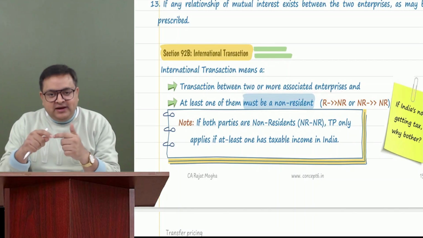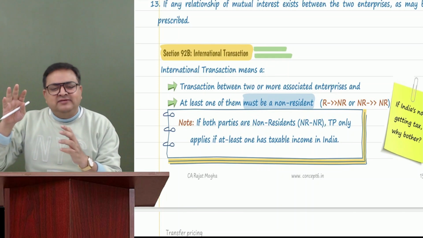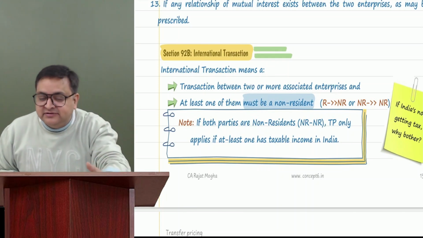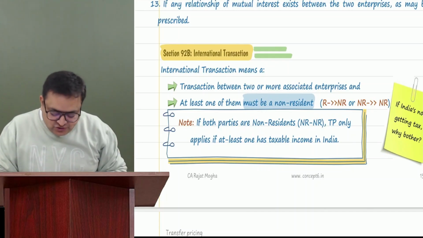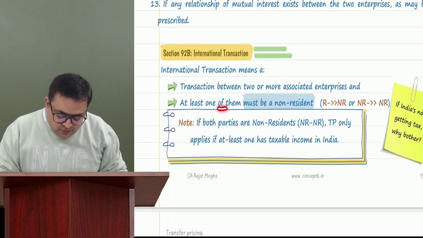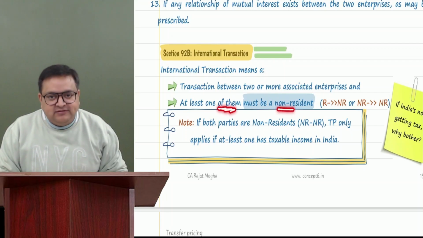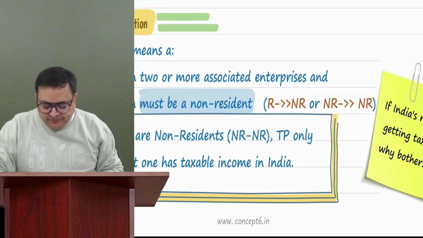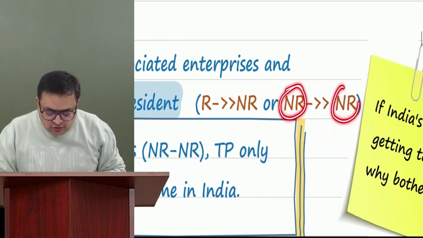Now a layman will say that any transaction happening between India and Germany, or India and China, is an international transaction. No, as per the law, it should be between associated enterprises, and at least one of them must be a non-resident.